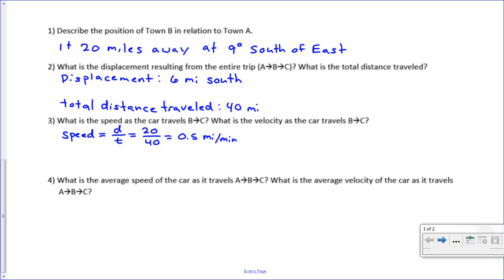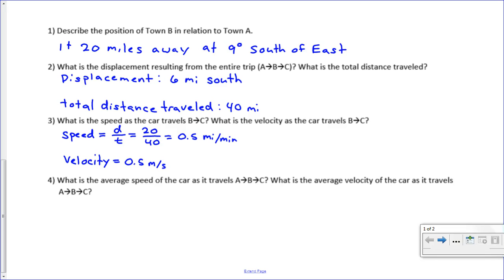The velocity is similar, but we need a direction associated with it. Generally speaking, if you're on a number line, you could think positive or negative, but in this case, we're going to just say what direction we're going if we're going from B to C. So our velocity here is going to have that same 0.5 miles per minute.